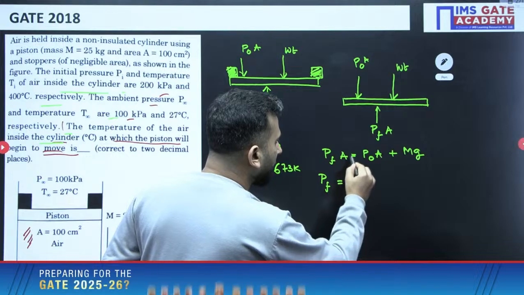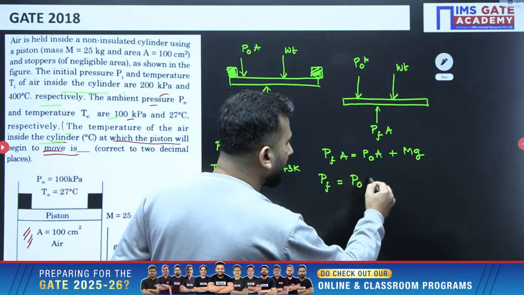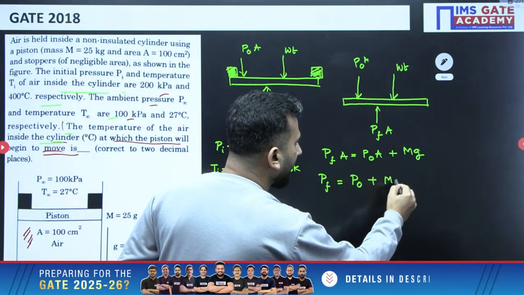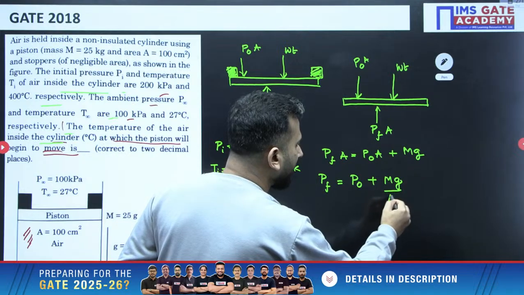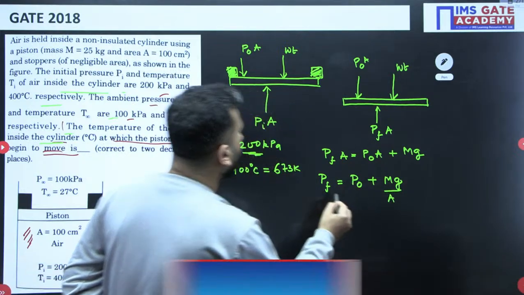So PF into A equals P naught into A plus mg, and A gets cancelled, so PF is equal to P naught plus mg by A. What is P naught?